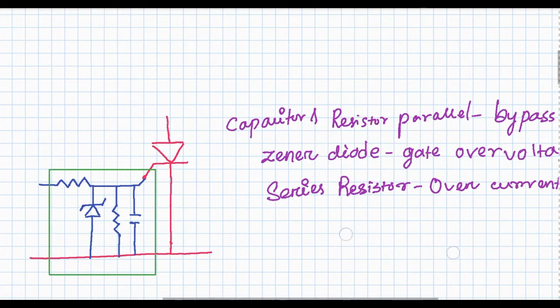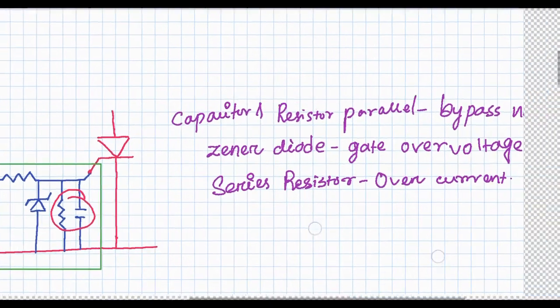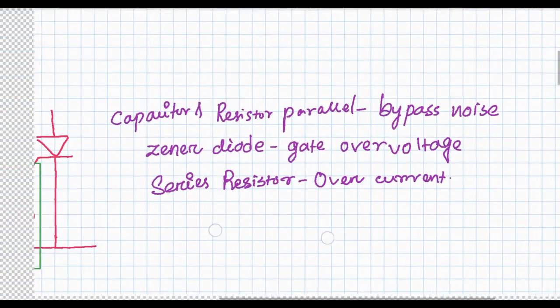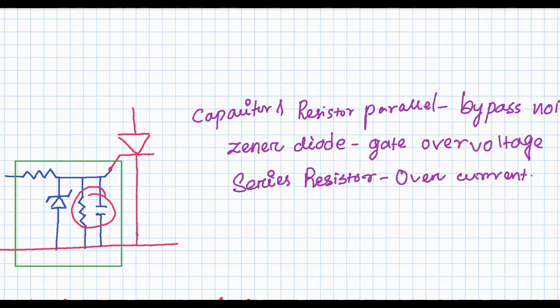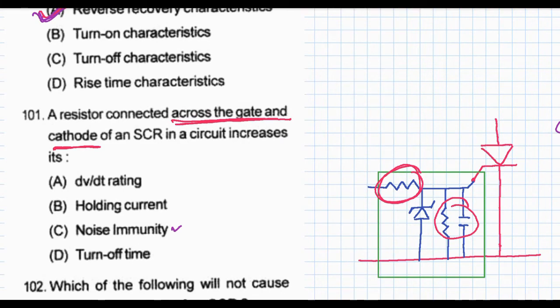Capacitor and resistor both are used for bypassing the noise signal, and the Zener diode is used for the gate over voltage, because Zener diode maintains the voltage at a constant level. So this is used to protect the gate circuit from over voltage, and the series resistor is used for over current protection.